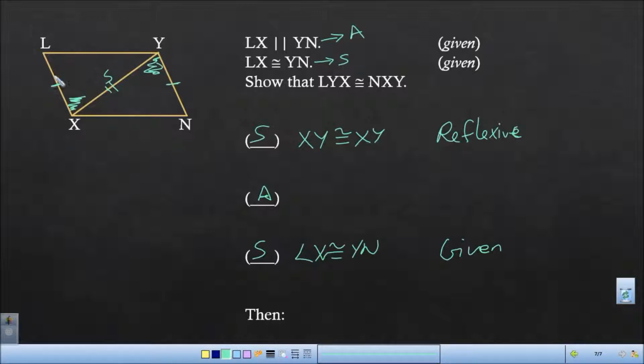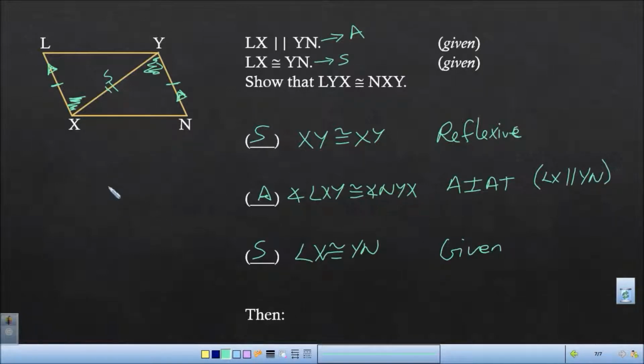And since LX is parallel to YN, the angles formed by the transversal are congruent. So these are alternate interior angles. So we can say that angle LXY is congruent to angle NYX. This is the alternate interior angles theorem brought to you by LX parallel to YN.